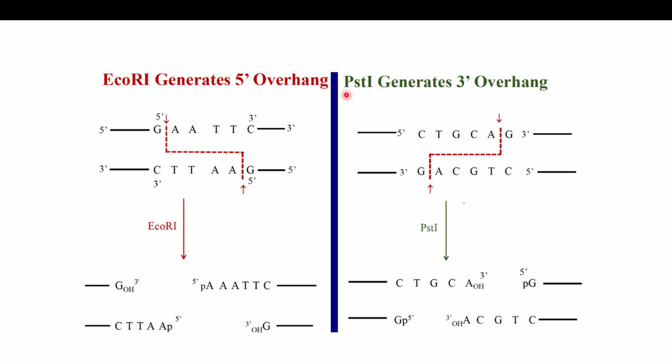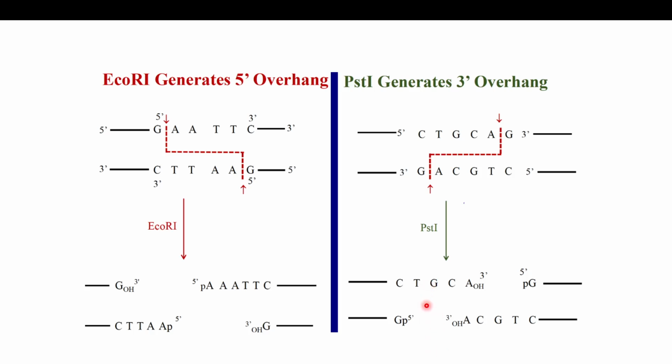And there's another enzyme, which is PstI, which generates 3 prime overhangs or 5 prime recessed ends, or 3 prime protruding ends here. Okay, 3 prime OH, 5 prime phosphate, and this is the complete 3 prime end which is protruding, and here the complementary nucleotides are missing.